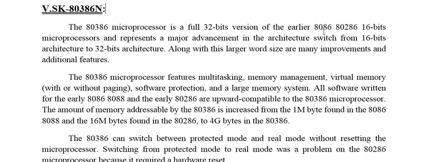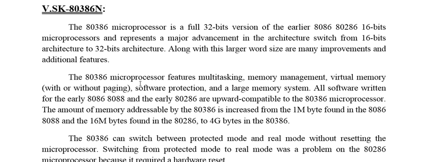So previously the 8086 and 80286 were both of 16-bit architecture. They performed 16-bit functions and operations, but the 80386 microprocessor is the advanced version, and it operates on 32-bit architecture. Along with this larger word size, many improvements and additional features are already involved in this model trainer.